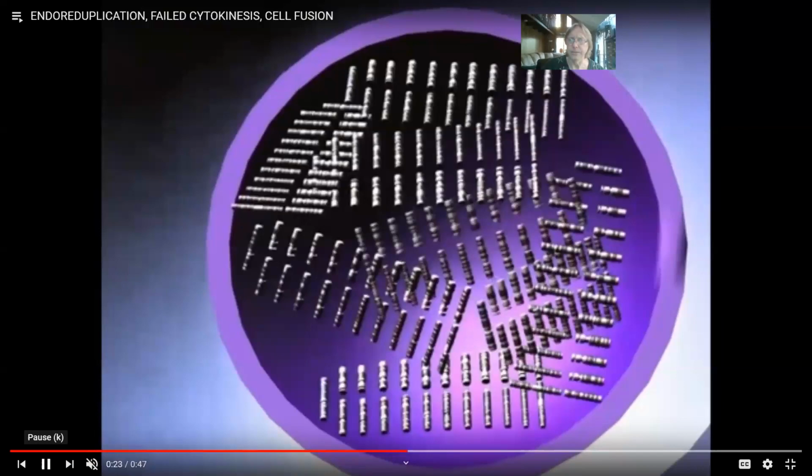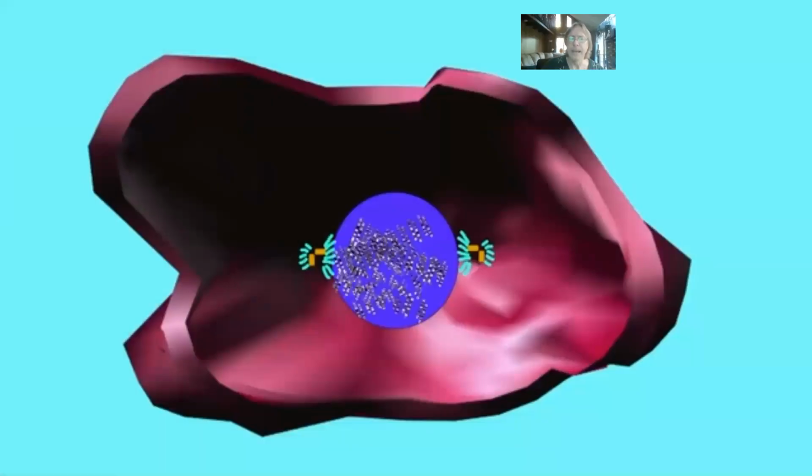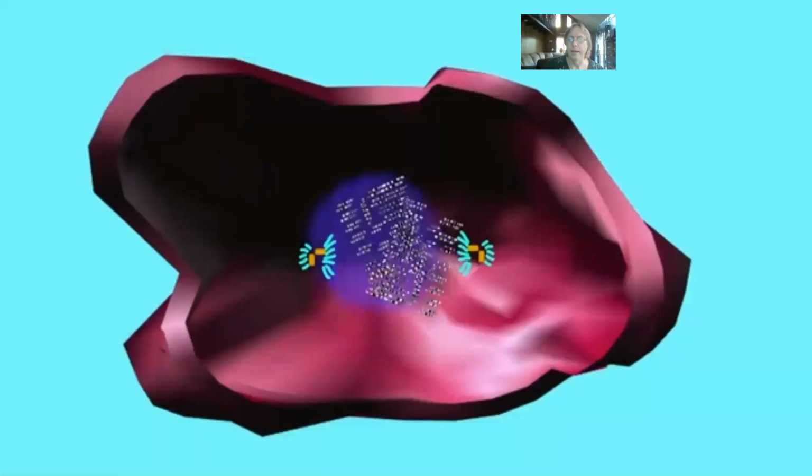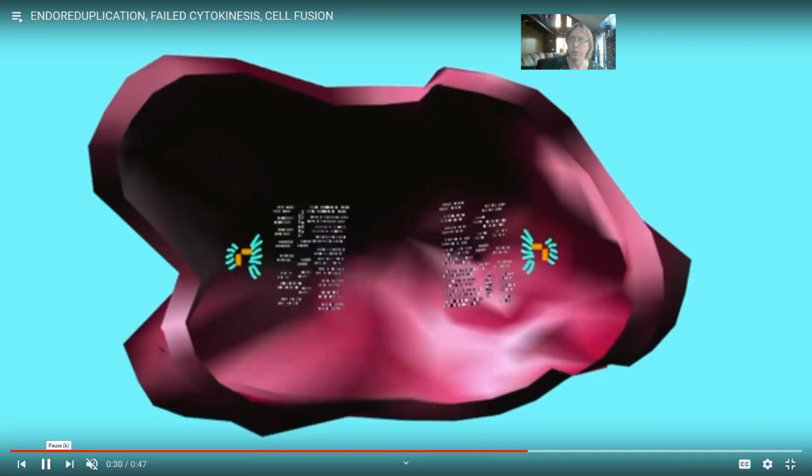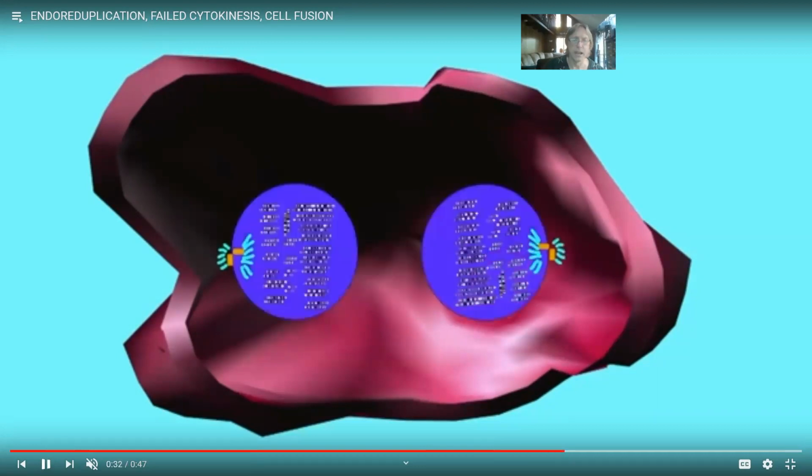Failed cytokinesis is what happens if the S phase duplicates the DNA. The nucleus then divides to produce two daughter nuclei. So there is mitosis. Mitosis is usually accompanied by cytokinesis, which splits the cytoplasm, but not always. All right.